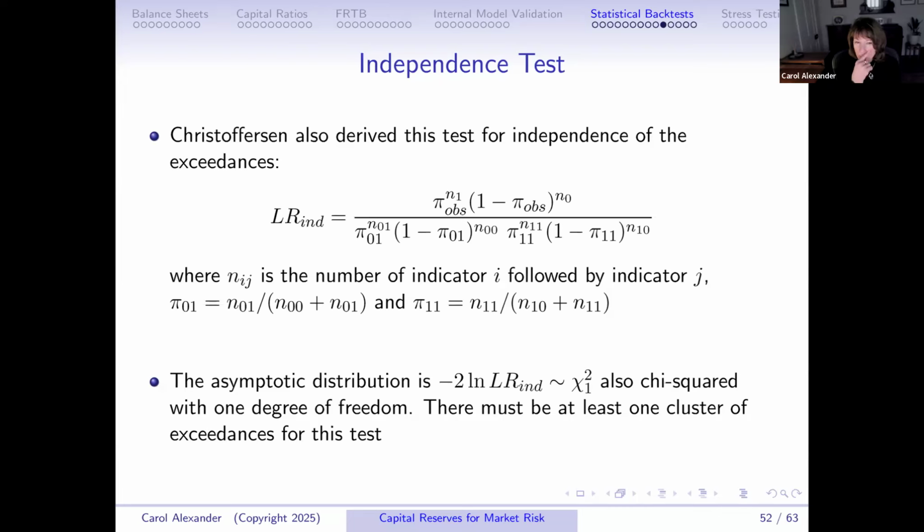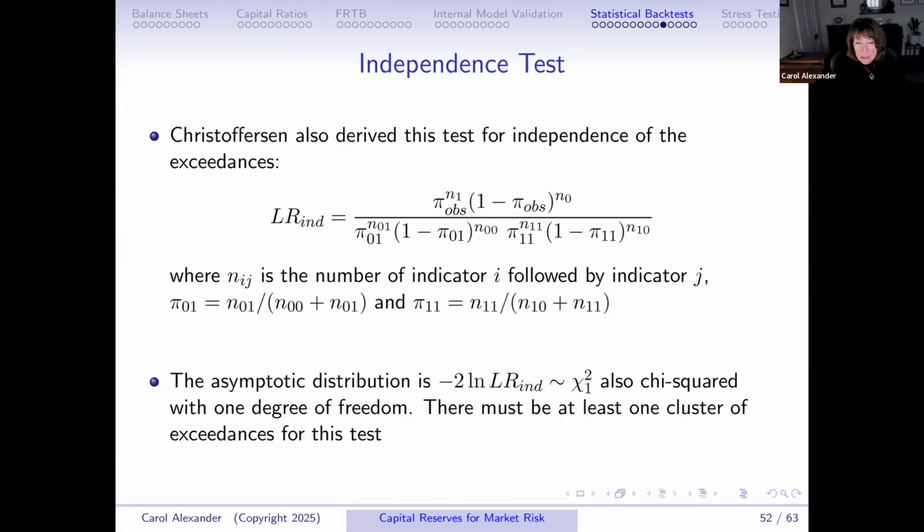So N10 is the number of 1s followed by 0s, N01 is the number of 0s followed by 1s, N00 is the number of 0s followed by 0s, and N11 is the number of 1s followed by 1s.